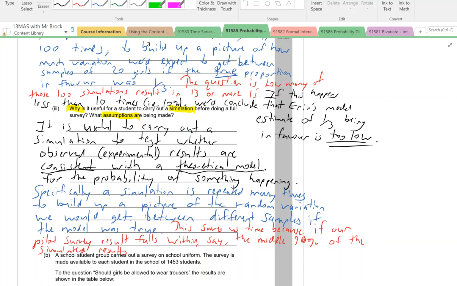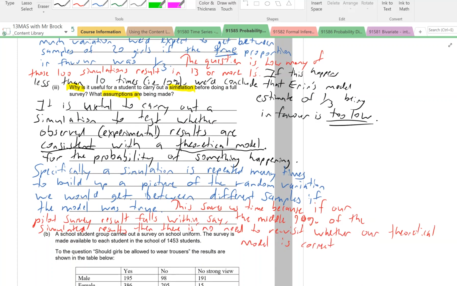There wouldn't be enough evidence to reject our model. Or you could say our model estimate of, say, 3/4 in favour would be believable, and hence no need to collect more data by surveying more people.